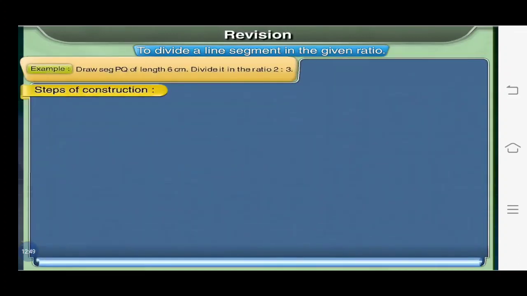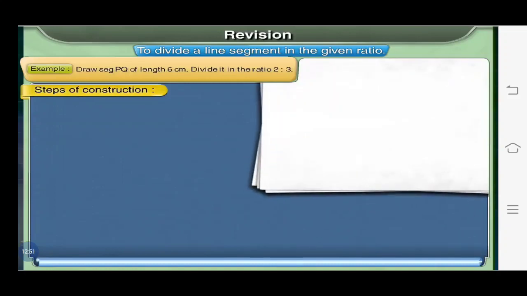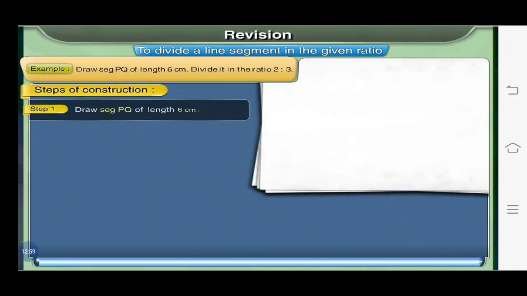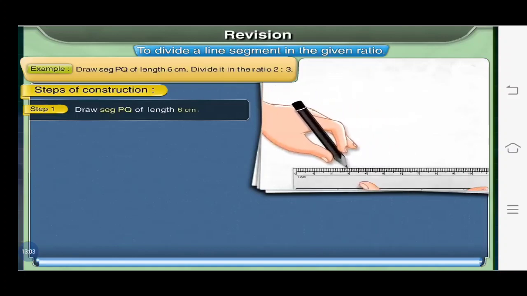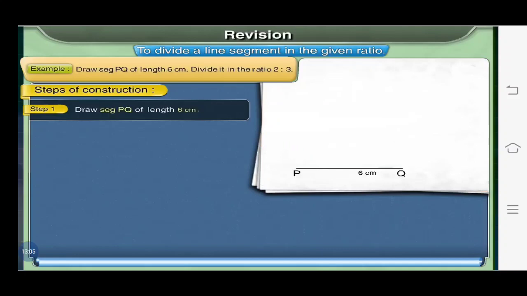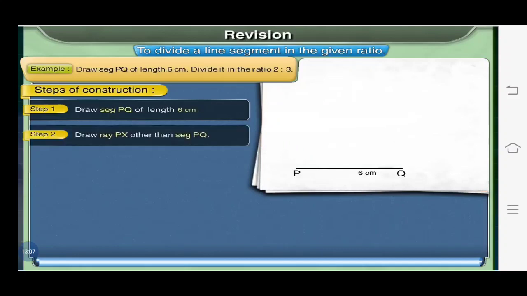So, step 1. Draw segment PQ of length 6 cm. Step 2. Draw a ray PX other than segment PQ. Step 3.